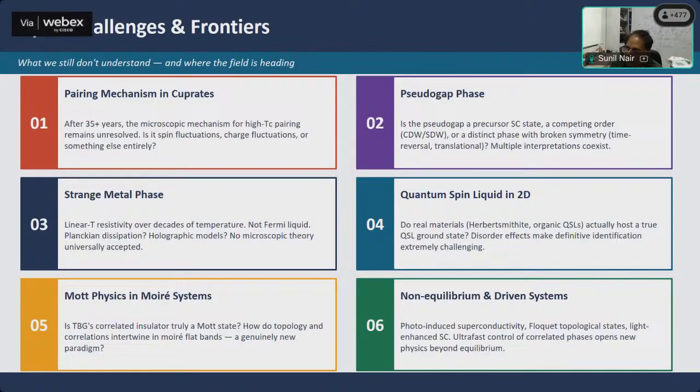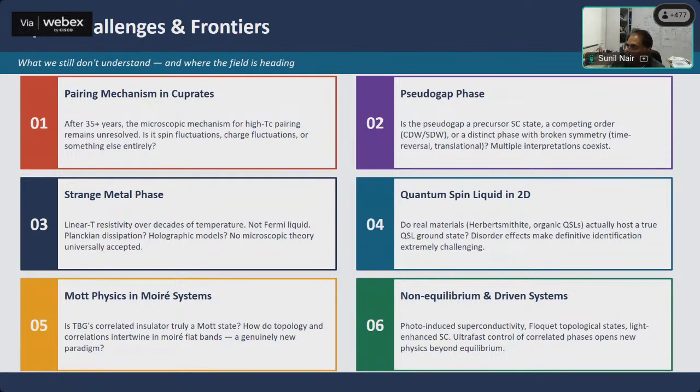And in spite of the fact that people have been working on it for close to 80 odd years, there are a large number of even older problems which remain completely unsolved. So, for instance, one would be the pairing mechanism in cuprates. The cuprates were discovered in the mid 80s, and now we are 40 years down the line. We still don't understand the real pairing mechanism in cuprates. Is it spin fluctuations, charge fluctuations, something which we have completely missed out, a combination of all of this and so on.